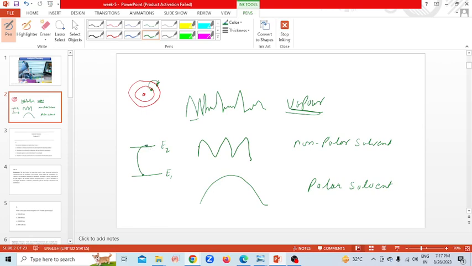So it is called an electronic state, but it is not electronic state only; there are vibrational states and rotational states also.